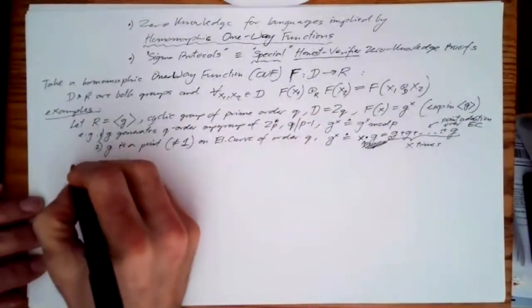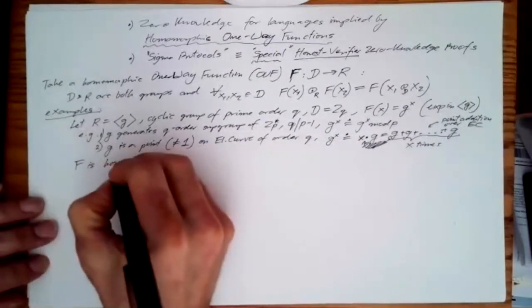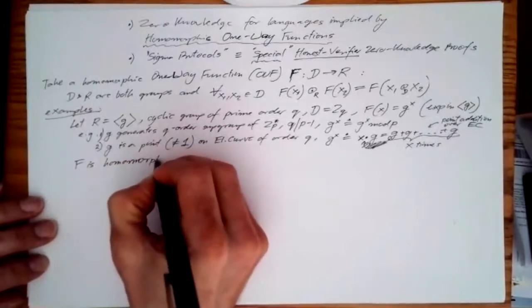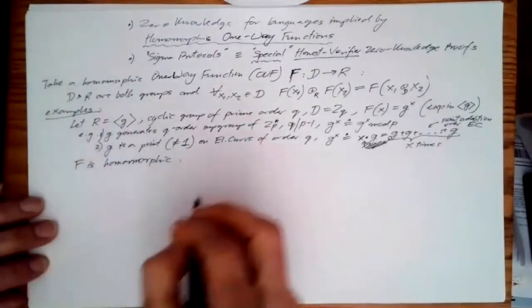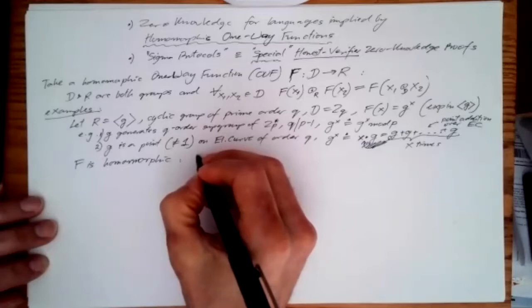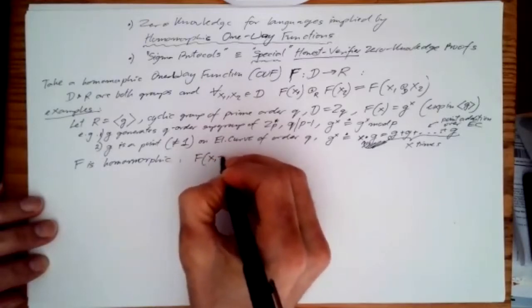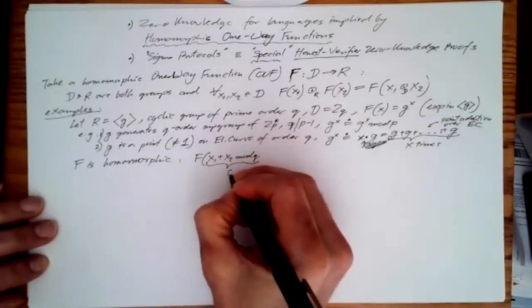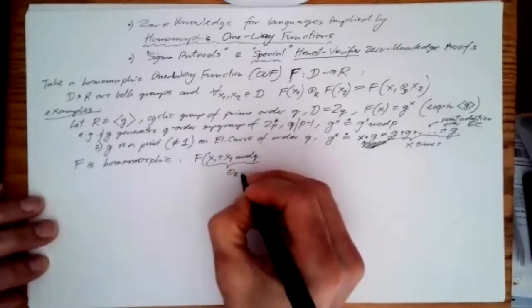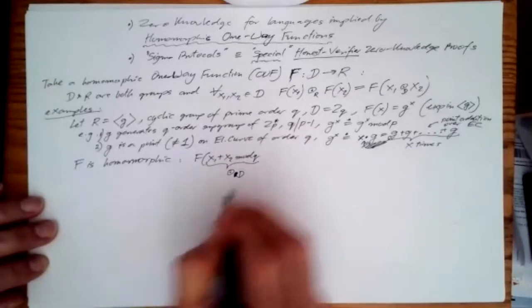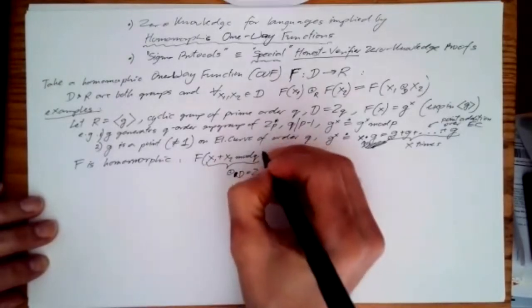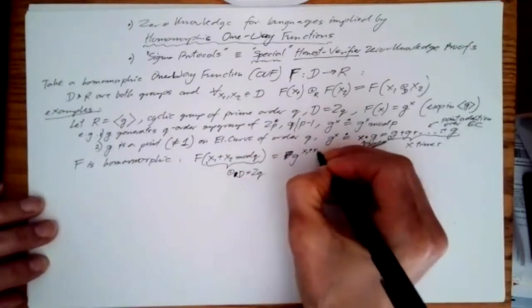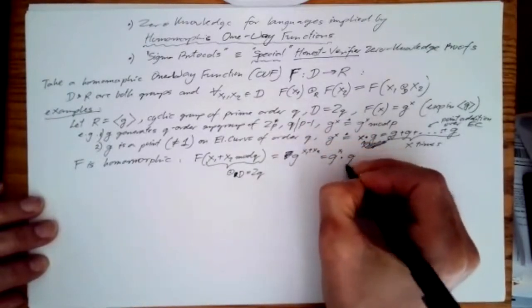Look, it's homomorphic. F of x1 plus x2 mod q, where this is the group operation in the domain group, which is Z_Q, is equal to G to x1 plus x2, and this is of course G to the x1 times G to the x2.